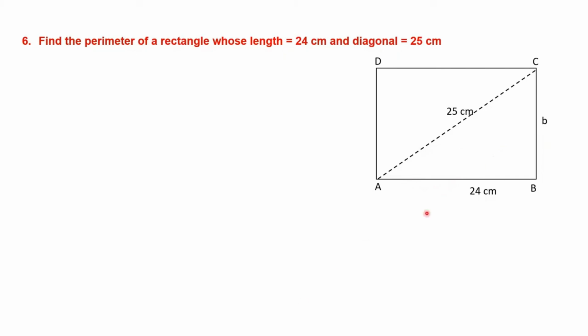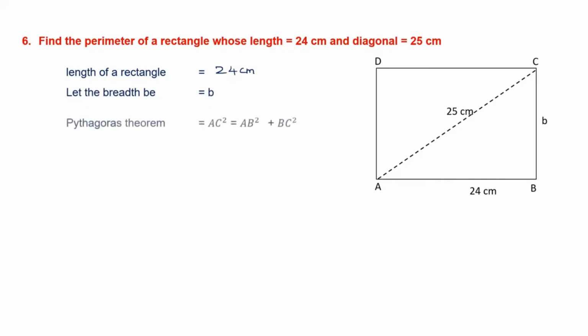So let's begin. So here length of the rectangle given to us is 24 centimeters. It's already given in the question. Then let the breadth be B. Now according to the Pythagoras theorem, the diagonal, that is the hypotenuse of this triangle here, AC square is equal to AB square plus BC square. So let's substitute the values.